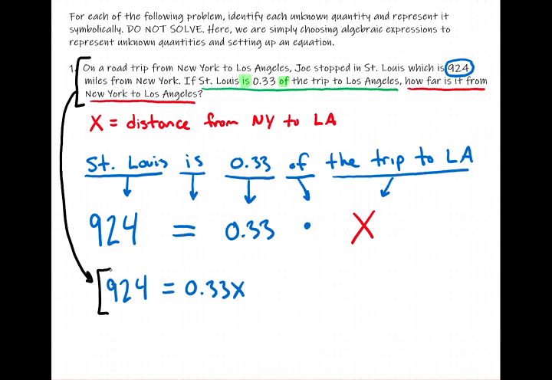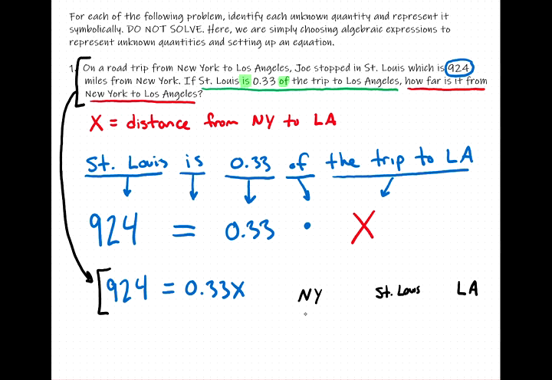Now, another way of thinking that may help, whenever possible, it's not always possible, is drawing a picture. You should draw as simple a diagram as possible. So we have New York, we have St. Louis, and we have LA.